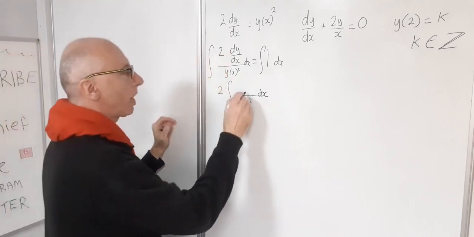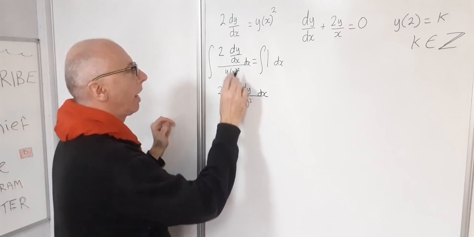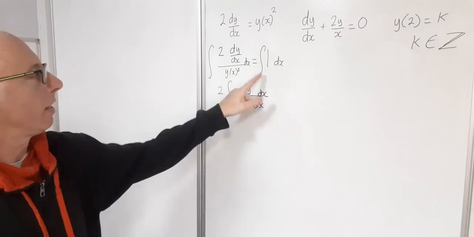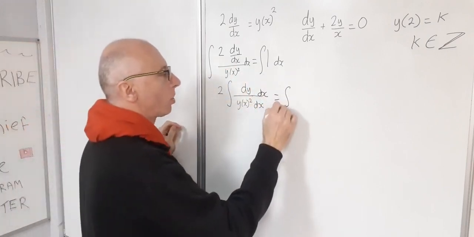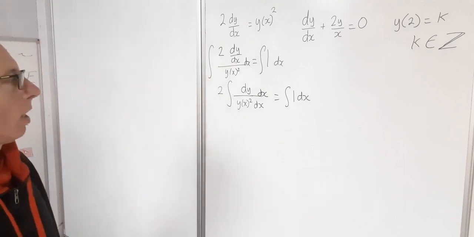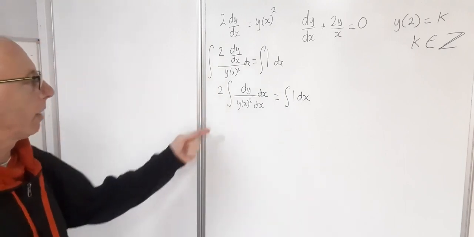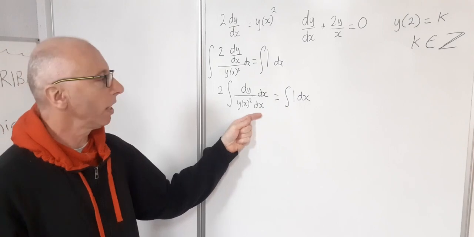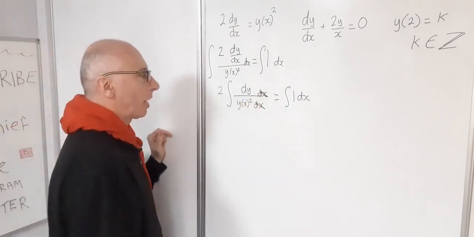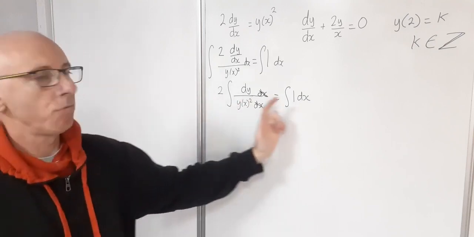So my dy will stay on top, and this dx will go on the bottom. And then set that equal to this much simpler integral on the right hand side. Okay, well, we can cancel something out now to try and get straightforward on this integral here, and then we can integrate on this one. So these will cancel out, and now we're ready to integrate.